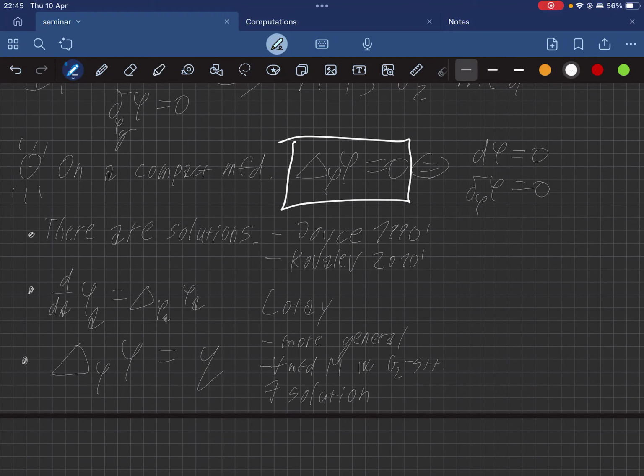Which is obvious. We just plug the 3-form in, the Laplacian does something, and we end up with some 3-form. This might seem like a trivial remark, but it is actually very nice, because it means that we can study this equation on any manifold with just G2 structure.